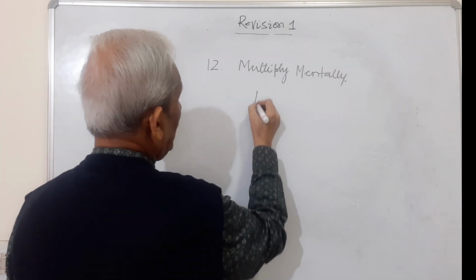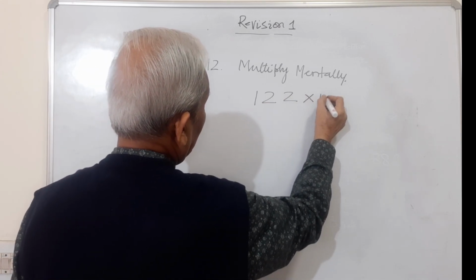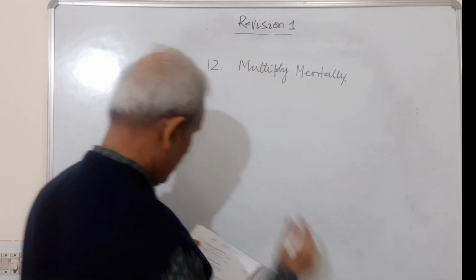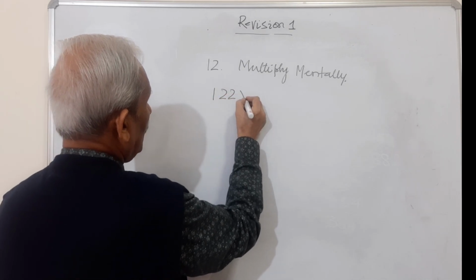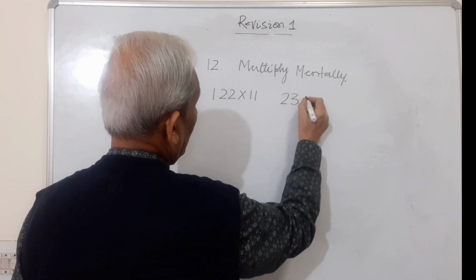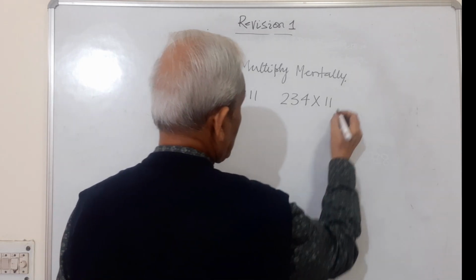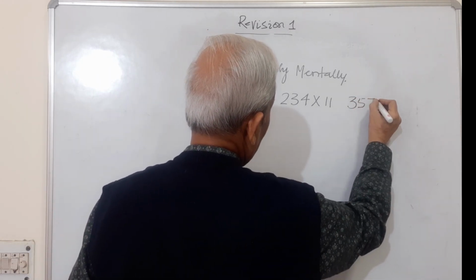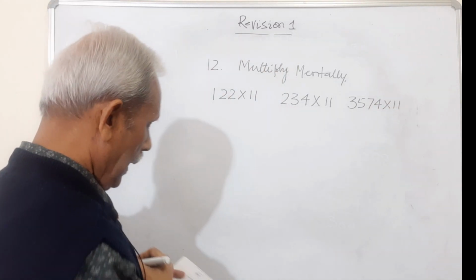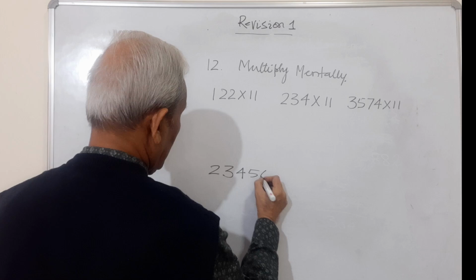Well, I write here like this: 122 into 11, 234 into 11, 3574 into 11, and 23456 into 11.